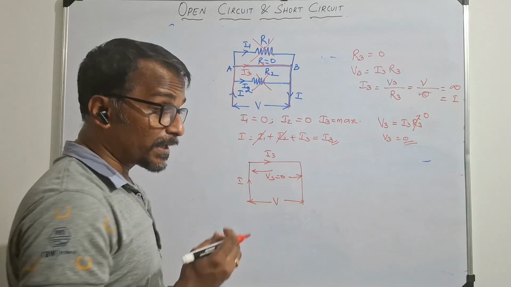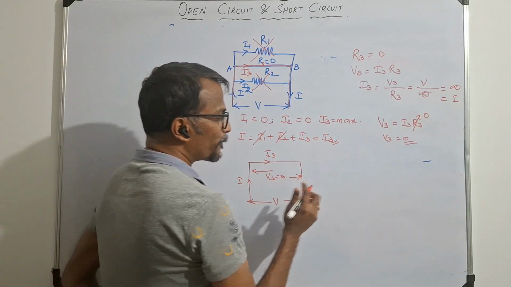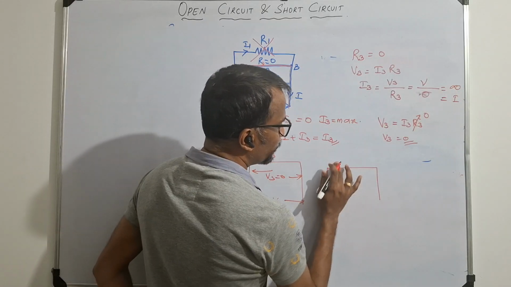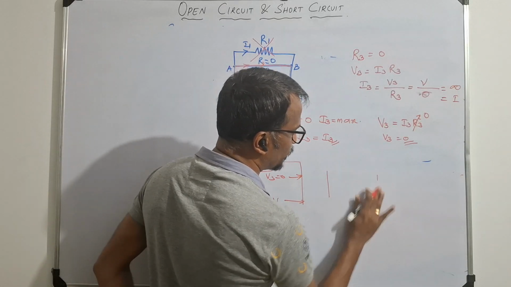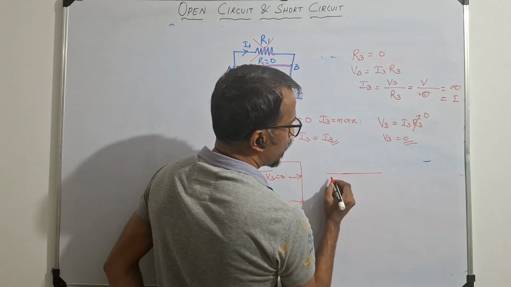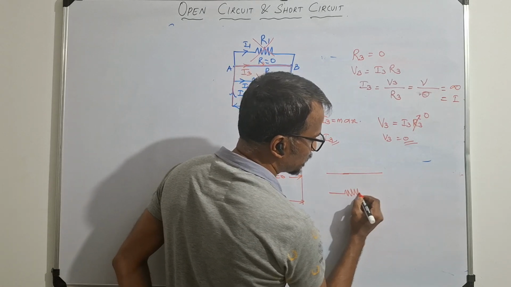So what I can conclude is, in the short circuit, assume that we have two parallel paths, one short and another having a resistance.